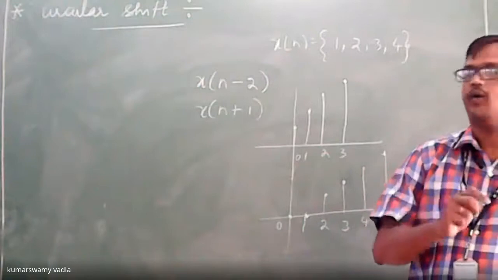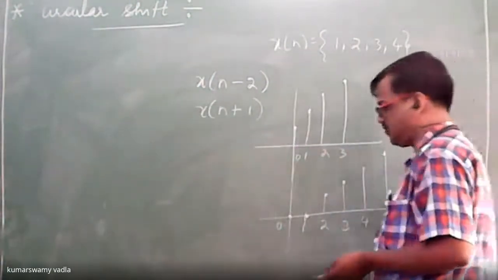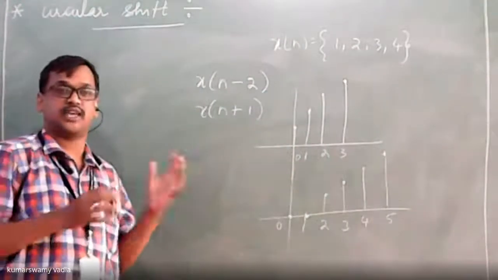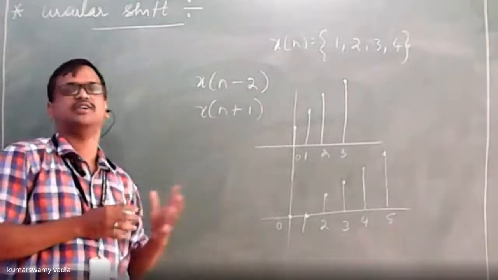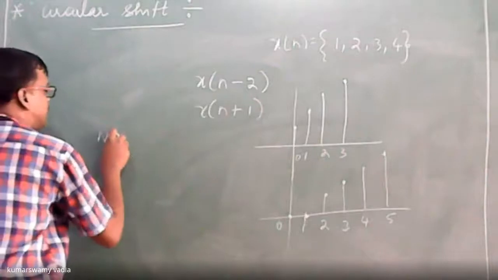Yes, sir. Now, the term circular came into picture. What is the reason for calling it circular? In digital system design, I will use the previous semester's example. What did I tell for modulus?